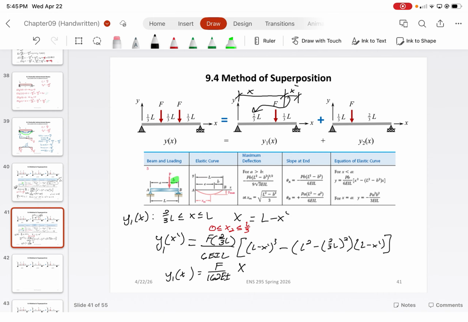So I'll just rewrite it because that's the original answer. So this would just become F over 81 EI times L minus X times 9x squared minus 18LX plus 4L squared. That's just a simplification after expanding on everything and solving for everything, all in terms of X prime and X. So you would just want to simplify this.